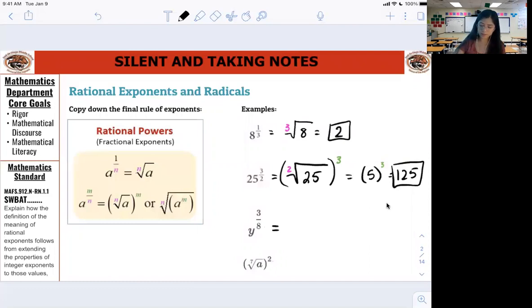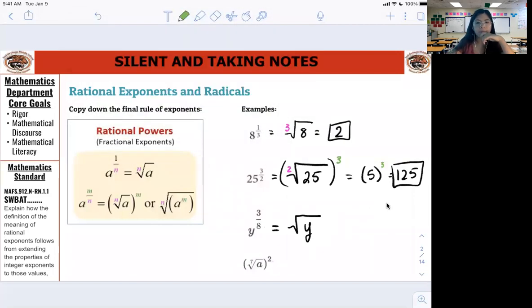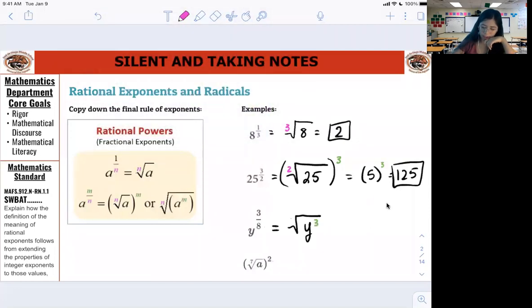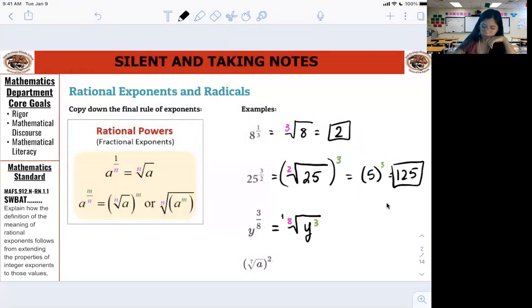So in this case, who gets to live inside the house with my y? 3. Good. 3 is on the inside, and the 8 is on the outside, and that's all we're going to do. We can just leave it because we're not going to get an answer. It's just that all we're really trying to do is rewrite it the other way.